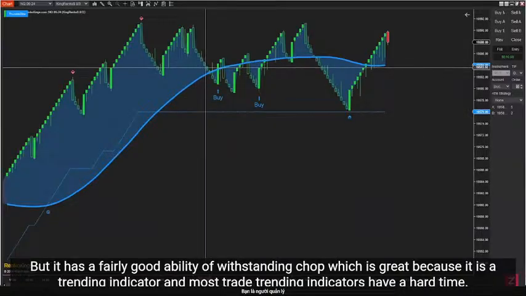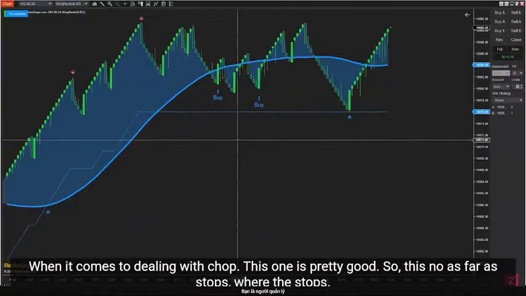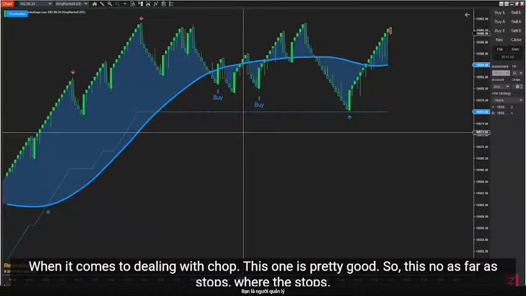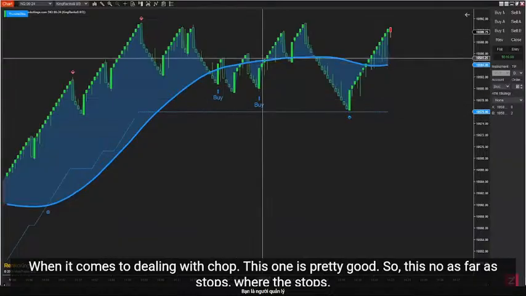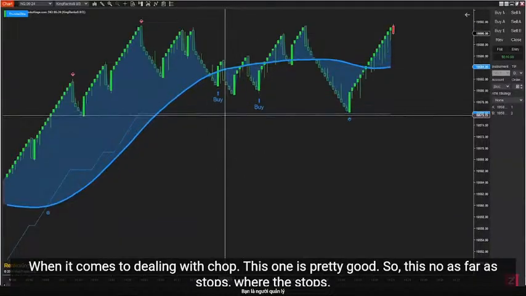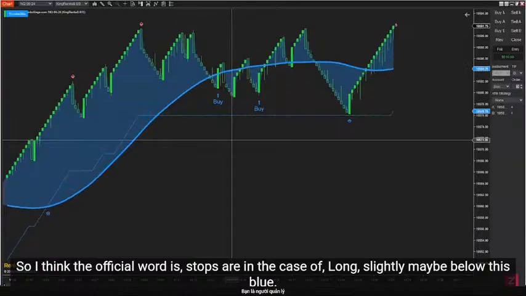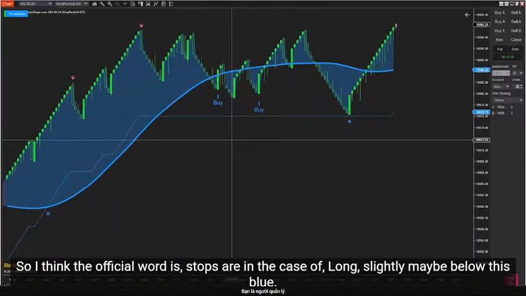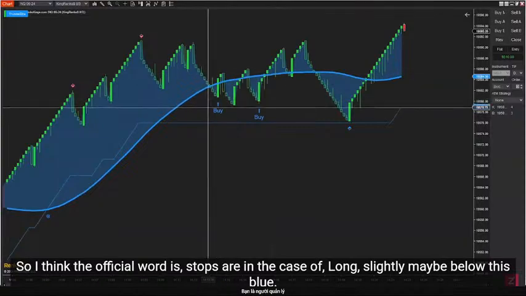Now, as far as stops, right? Where are the stops? I think the official word is that stops are, in the case of a long, slightly below this blue line. Obviously, stops are very personal. I know traders who put the stops right below the signal bar.